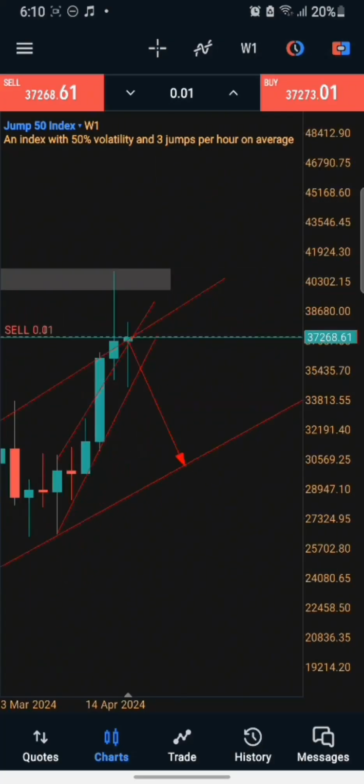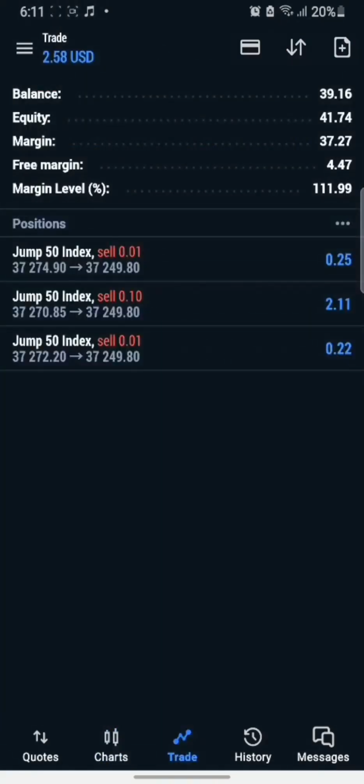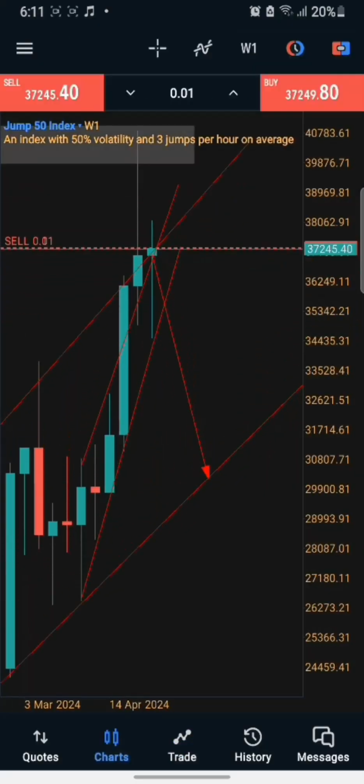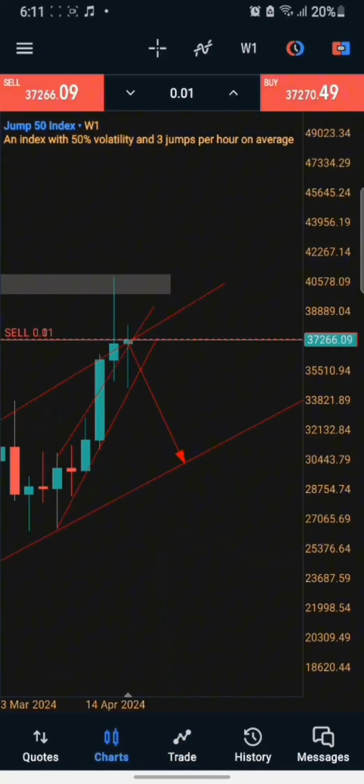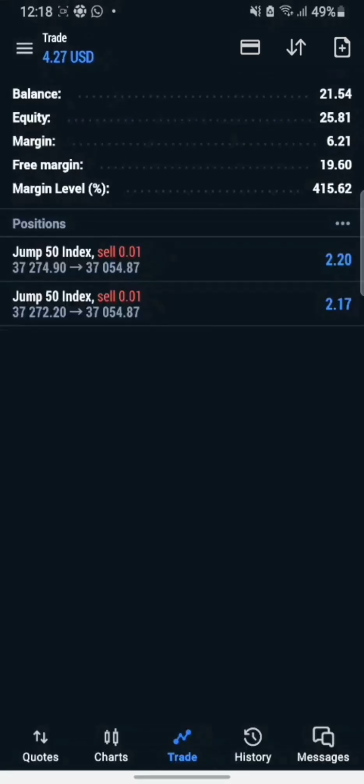So now we have 3 positions. Let's see how much we can get from this one. So now we're in $2 profit. We're just going to continue holding.